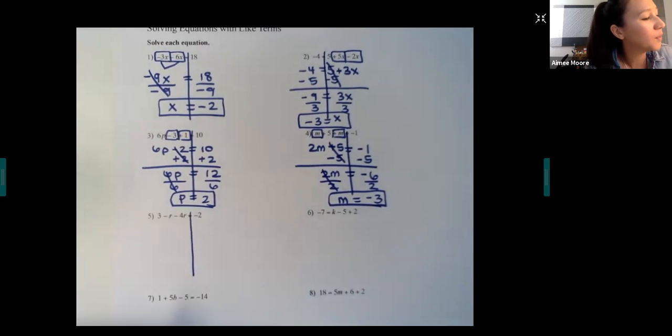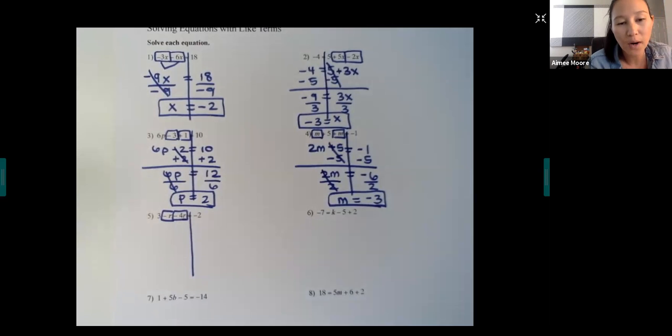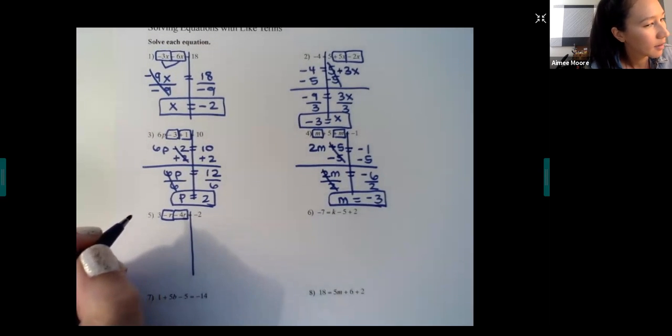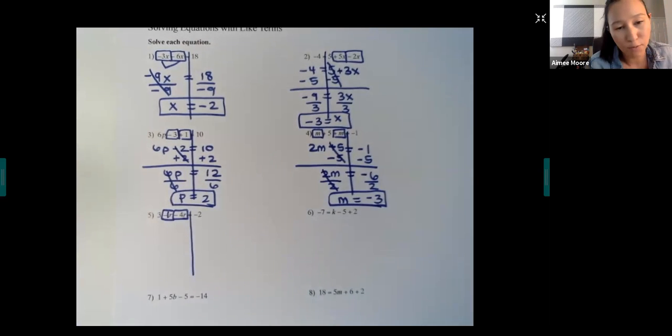So we'll draw a wall. So what are like terms that we can combine, Solomon? 4r and r. Excellent. And so if we have -r and -4r, what does that combine to? Remember, if it just says -r, that's the same thing as -1r, right?